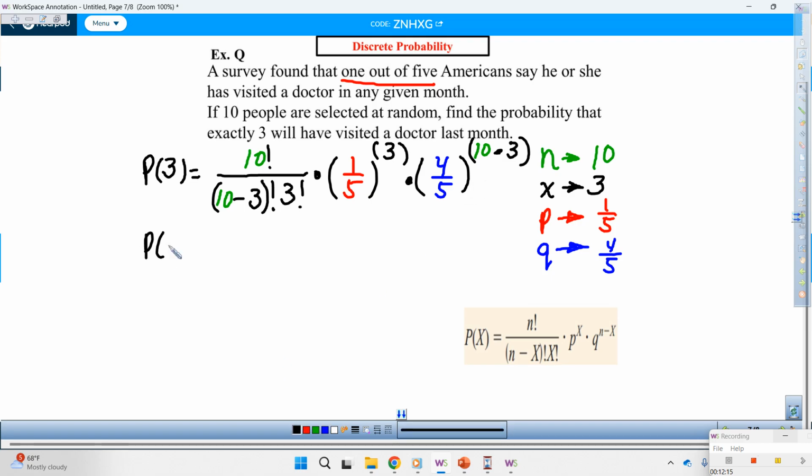So, P of 3 equals 10 factorial over 7 factorial, 3 factorial, times 1/5 to the 3rd power, which is 1 over 125, times 4/5 to the 10 minus 3, that's the 7th power.